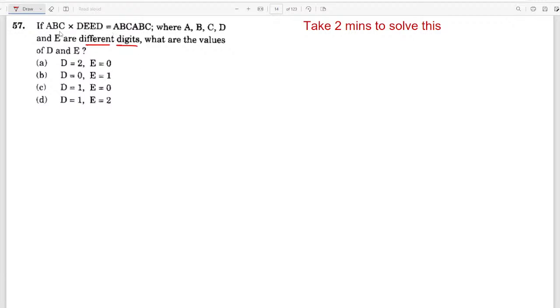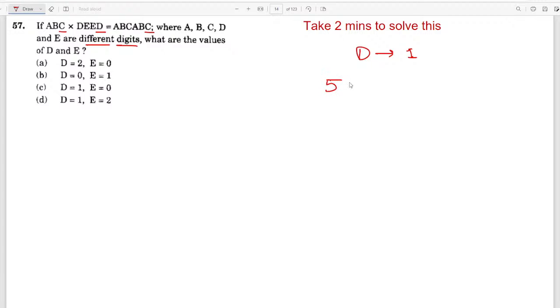The first thing that we have to see in such questions is the units place, C and D. Whenever you are multiplying, you can predict the units digit. In this case, C into D is giving you C. So D can be 1.